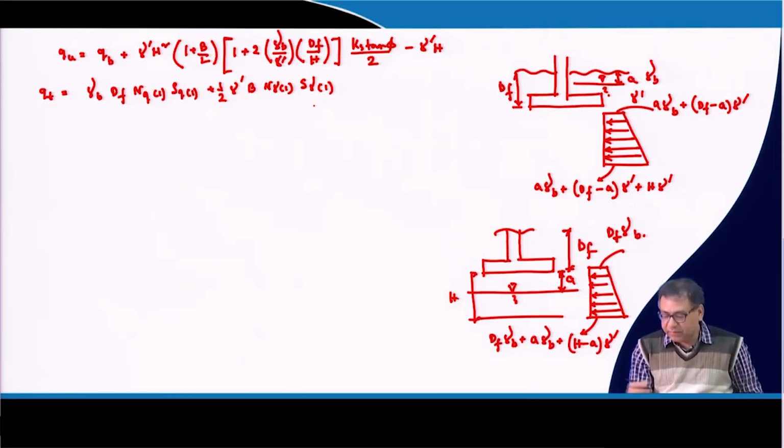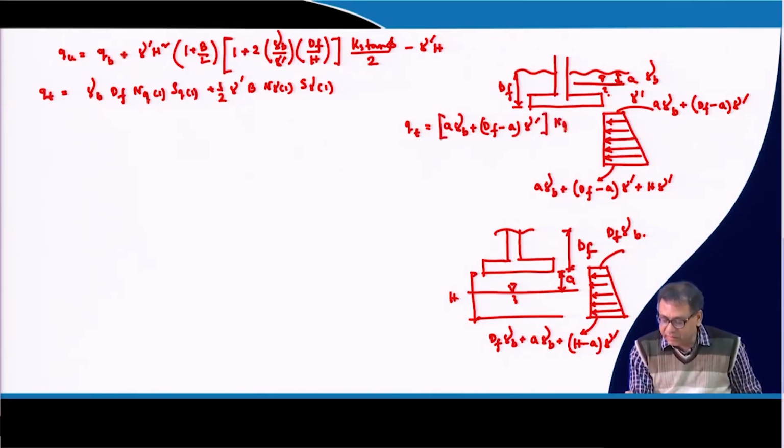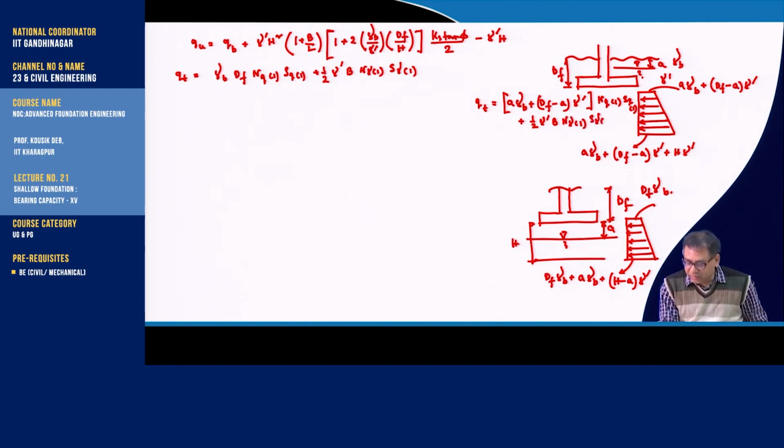Okay. So, for example, if the position of the water table is like this, then for the first case this equation will be gamma T will be A gamma bulk plus df minus A gamma sub. Then this will be nq 1, sq 1, plus half gamma dash B n gamma 1 into S gamma 1.